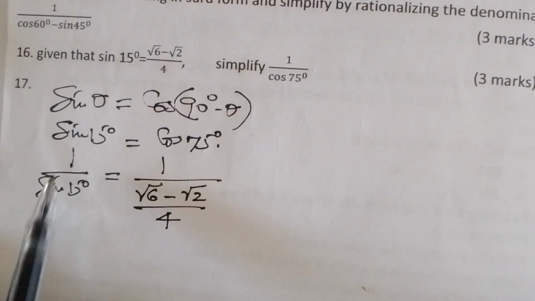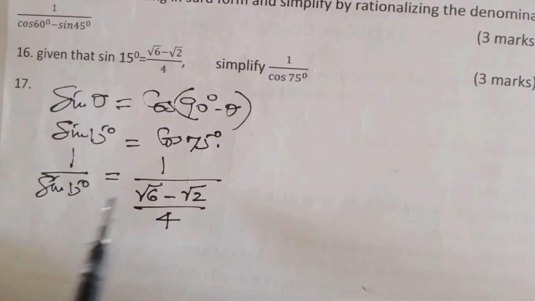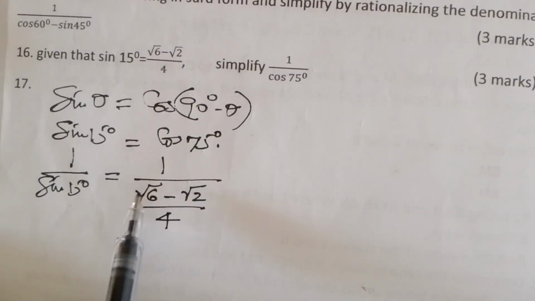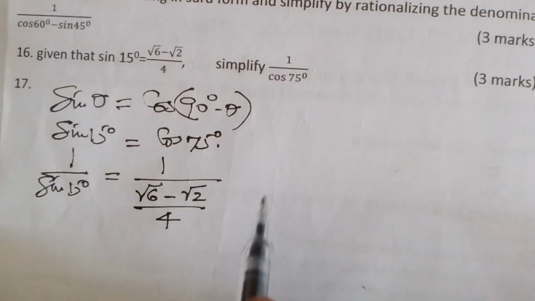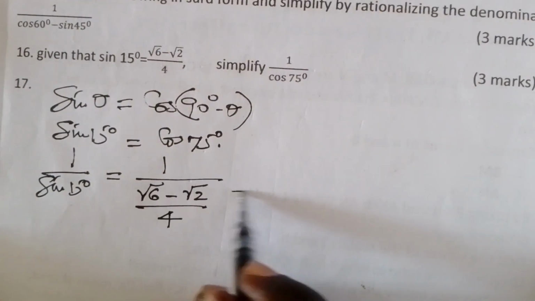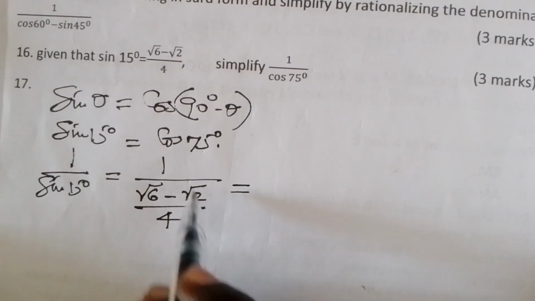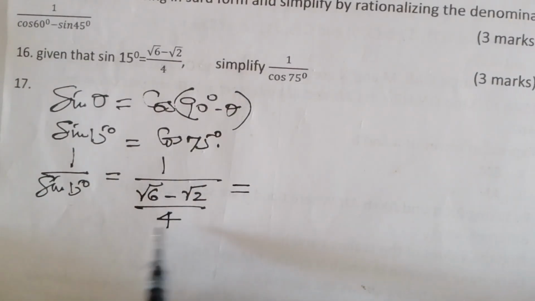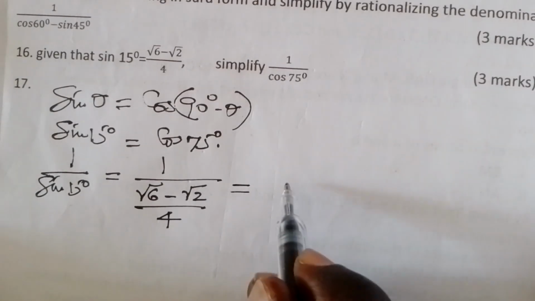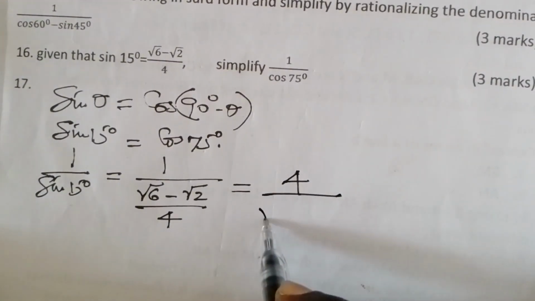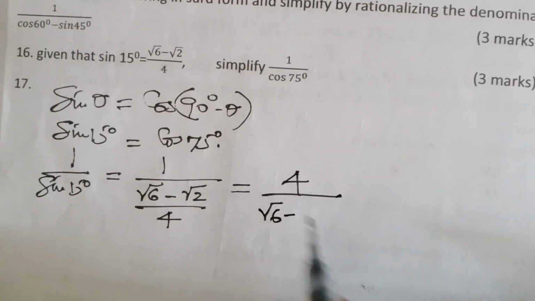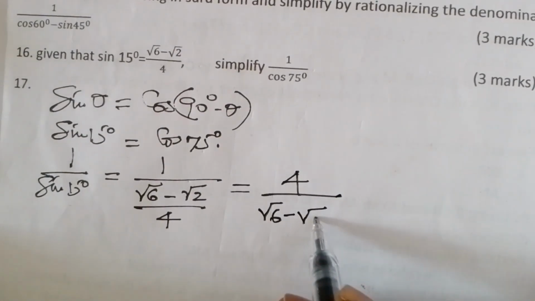As we have seen, 1 over sine 15 degrees will be the same as 1 over root 6 minus root 2 over 4. So this now will be the reciprocal, which is the same as 4 over root 6 minus root 2.